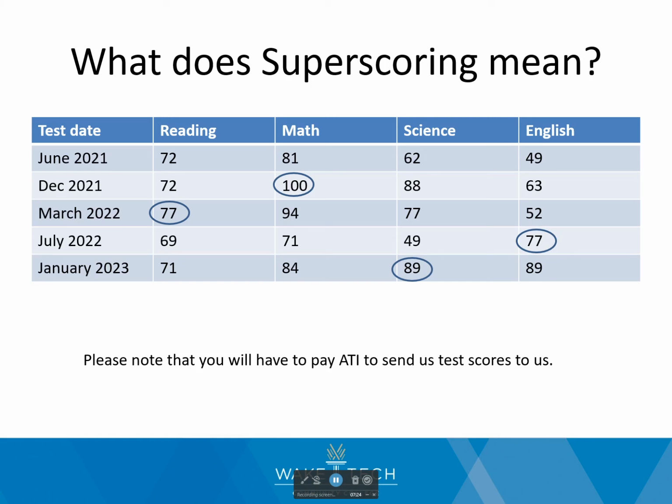The only downside is if you have taken the test multiple times and want ATI to send those scores to us, you're going to have to pay ATI for each score that you're having sent to Wake Tech. So that can get a little bit pricey. Everybody has to take the TEAS test, and those scores have to be to us by the application deadline.